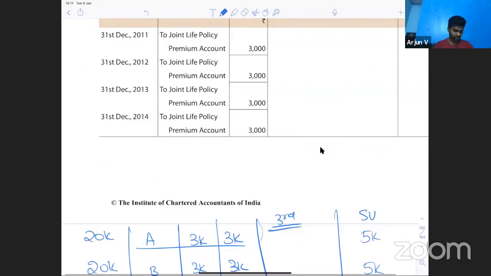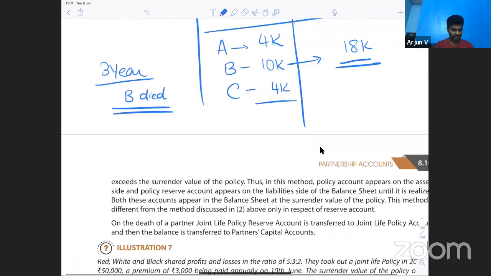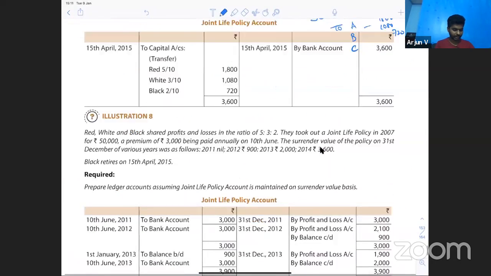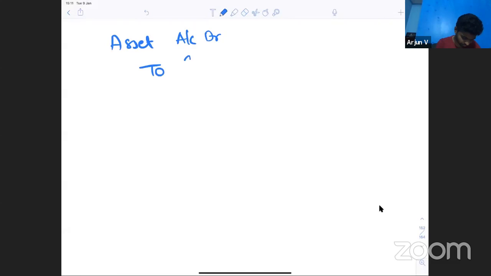Now I want you guys to see, when you purchase an asset, what will be the journal entry? Correct? Asset account debited. Let's say 3,000.